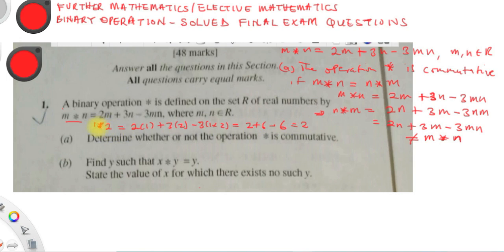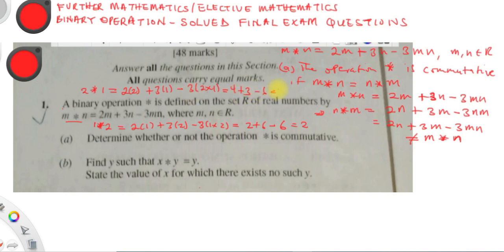Let us turn it around and find 2 star 1. 2 star 1 is equal to 2 times 2 plus 3 times 1 minus 3 times 2 times 1. 2 times 2 is 4, plus 3 times 1 is 3, and then minus 3 times 2 times 1, which is minus 6.